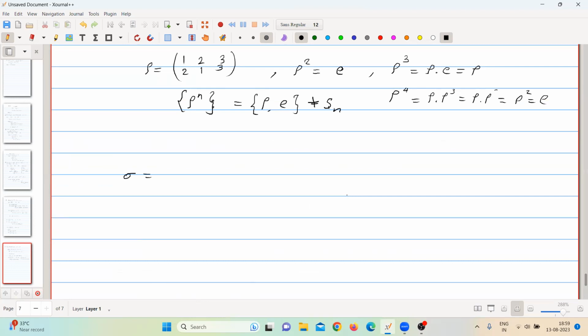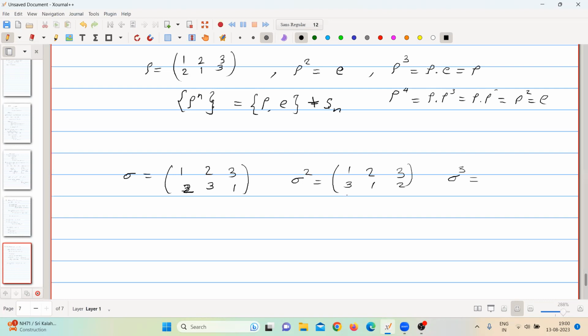Suppose sigma equals 1, 2, 3, 2, 3, 1. We already got sigma square as 1, 3, 2, 1, and 3, 2.